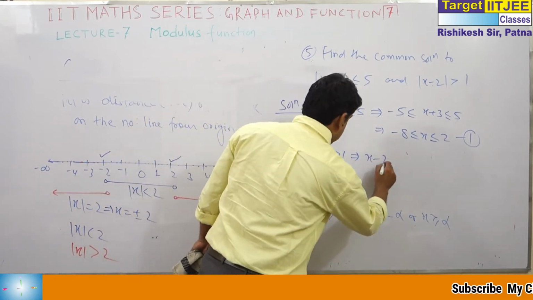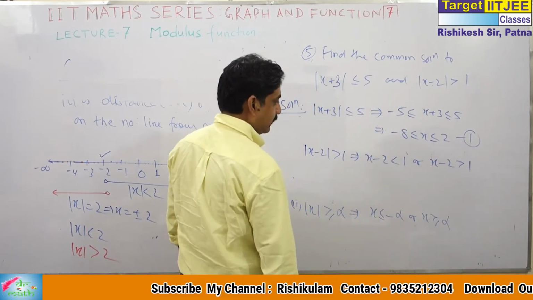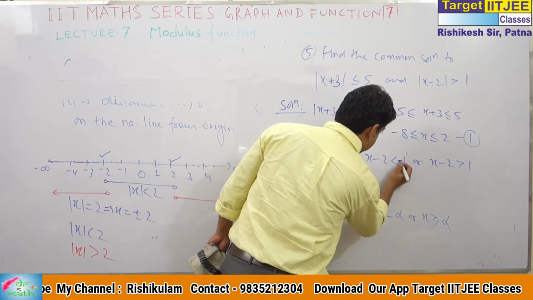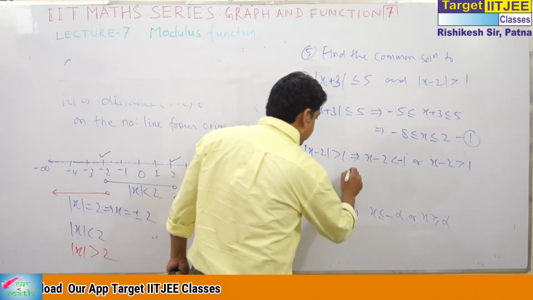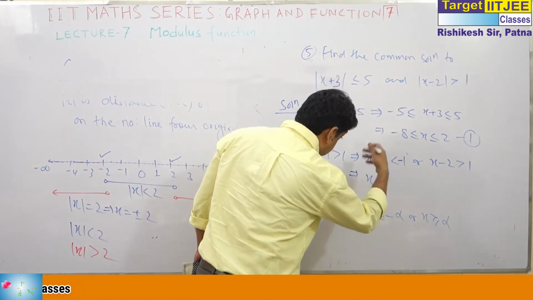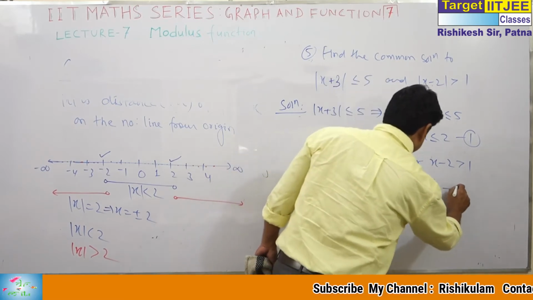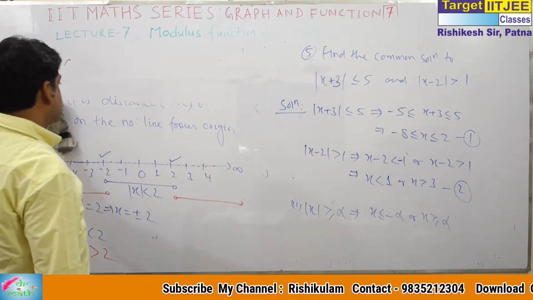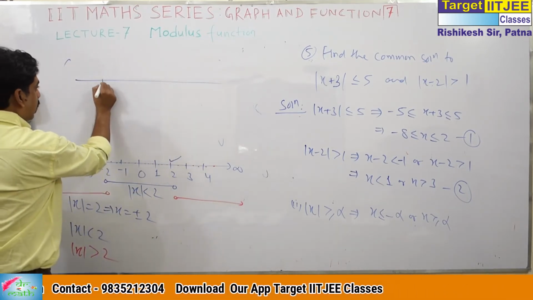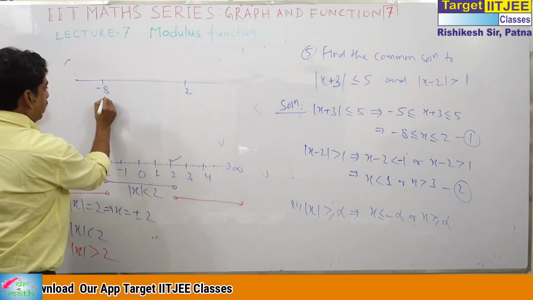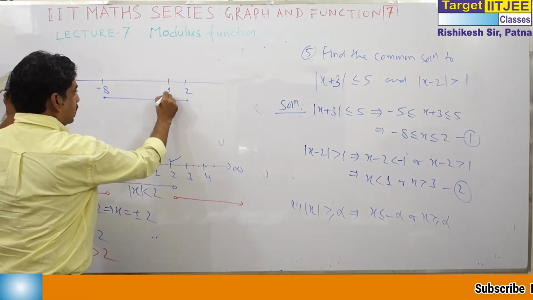This means x minus 2 is either less than minus 1 or greater than 1. So x is less than 1 or x is greater than 3. Now take the combination of the two. According to the first case, x lies between minus 8 and 2, and according to the second case, x is less than 1.